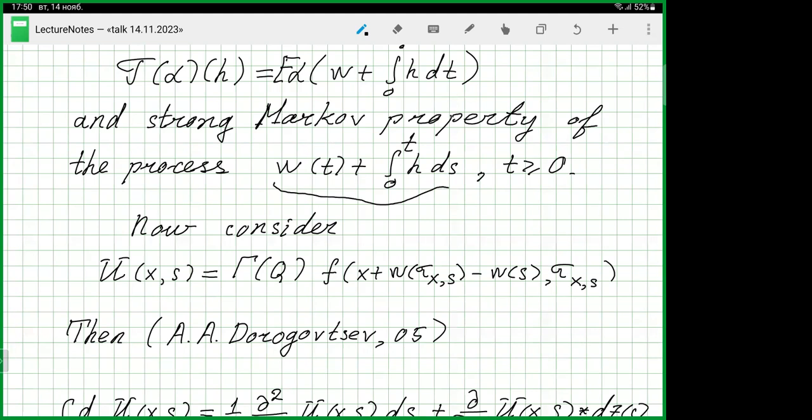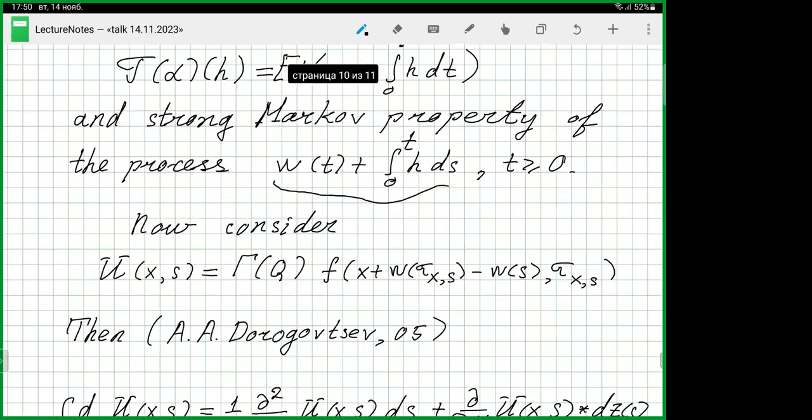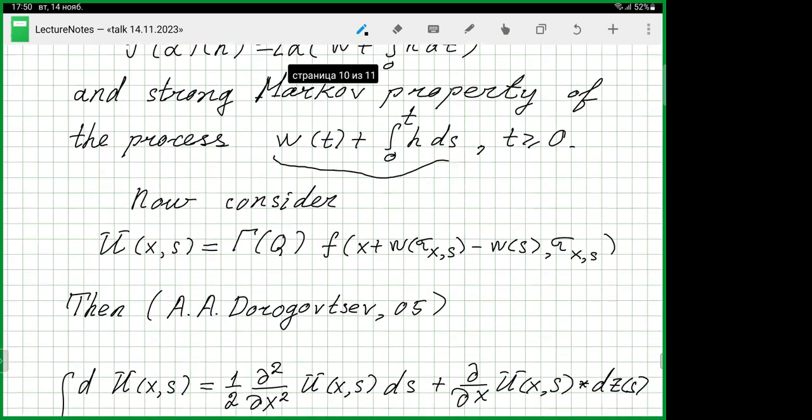And here is our u(x,s), which is already Γ applied to this function f. f is a hitting probability, or f has just such properties that it is measurable with respect to future increments of the Wiener process.